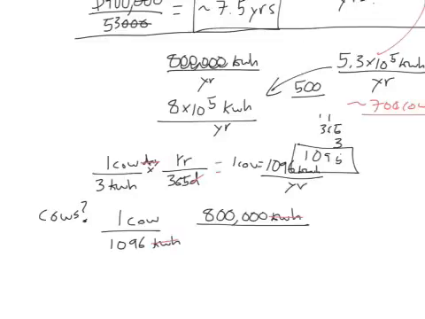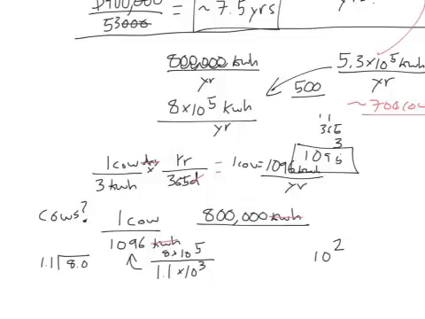Ooh, in the head that'd be tough, so let's put it in scientific notation. Let's round this number to 1.1 times 10 to the third. And then this number, 800,000, is 8 times 10 to the fifth. Okay, now I can say my answer is in 10 to the second. 1.1 goes into 8 about 7 times, so 1.1 into 8.0.